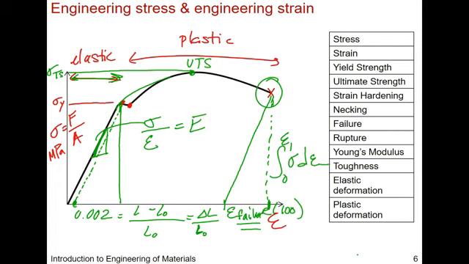Okay, so that's it. That is how you manipulate this plot and read this plot, the stress strain plot. And we'll go into detail on all of this, but when you take a look at a plot like this, these are the things that it can tell you about your material right away. Okay.